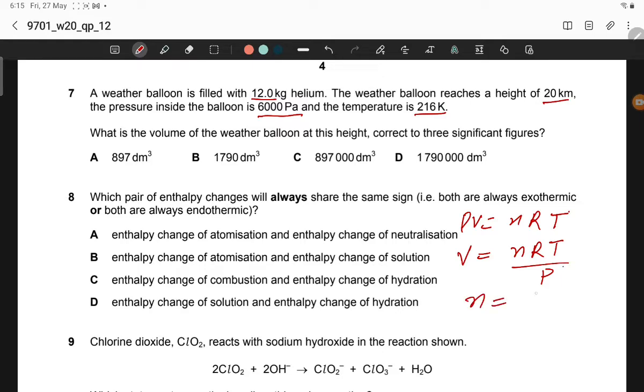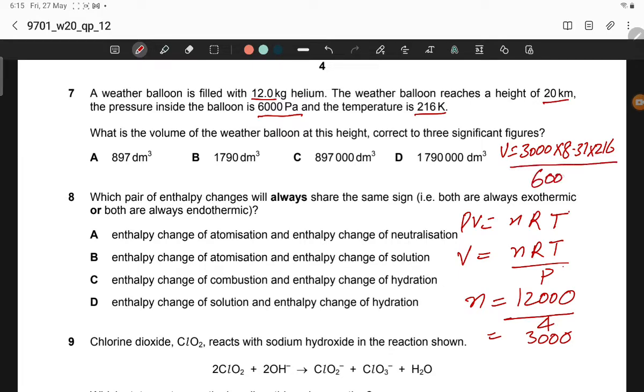Let's calculate the number of moles. 12,000 divided by 4 is equal to 3000. Now V is equal to 3000 into 8.31 into 216 temperature divided by pressure is 6000.